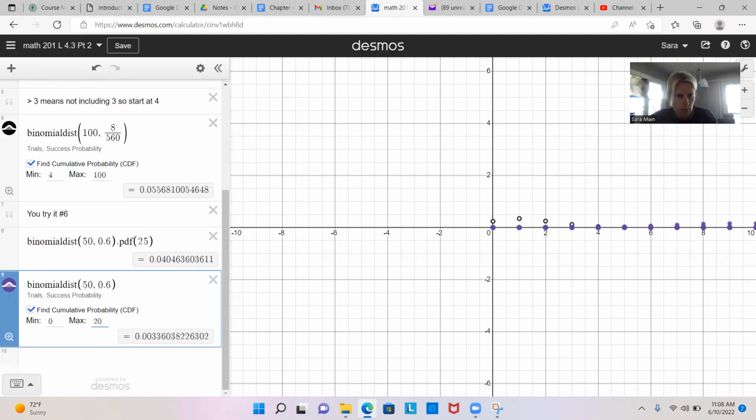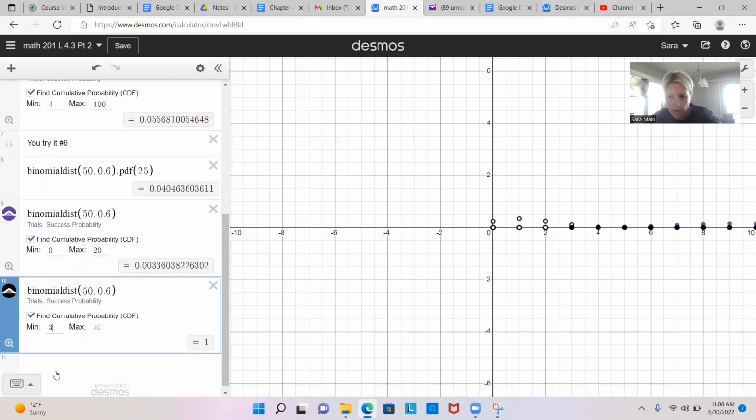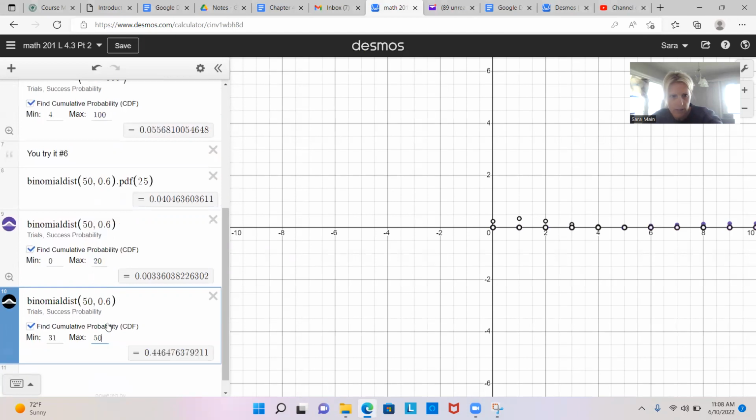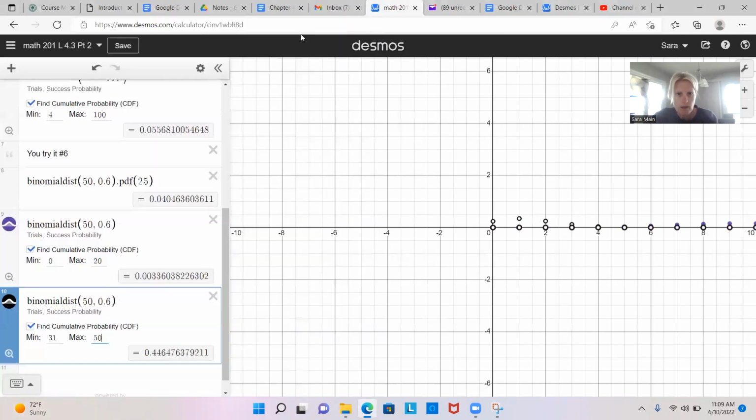I'll show you my paper before we're all done so you can see that. And then I'm going to copy that so we can have a separate one here. And this one is going to be cumulative, but this one was more than 30. So that means we're going to start at 31 and go up through 50. And that probability is 0.4465. I try to include 4 decimal places.